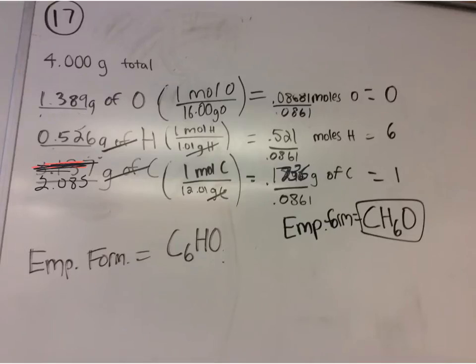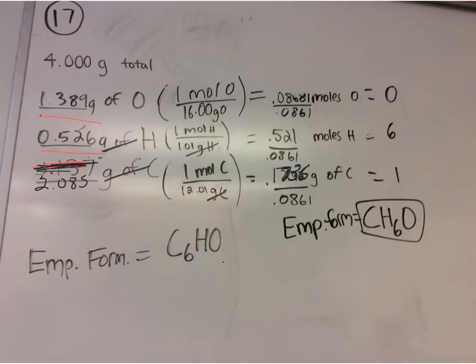In question 17, the directions tell us that we have a 4.000 gram sample of a substance containing carbon, oxygen, and hydrogen. It tells us that oxygen is found to have 1.389 grams, and there is 0.526 grams of hydrogen.